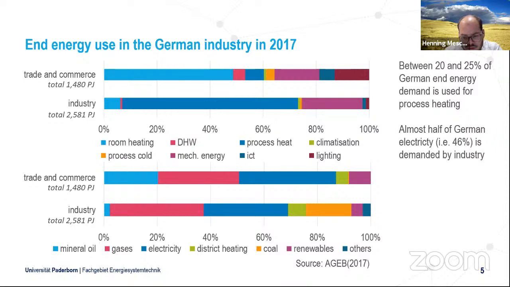So we have a very huge part of electricity, but you can see that most end energy in industry is process heat. Electricity is mainly used for mechanical energy, for lighting, of course for ICT, for climatization, also for providing cold. But most end energy is process heat, and that's where we have to start to reduce this big demand of process heat and the natural gas demand, which is caused by the need for process heat.